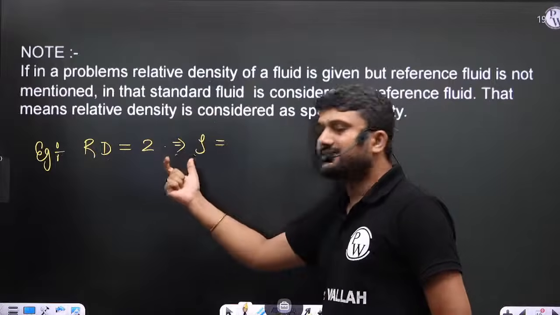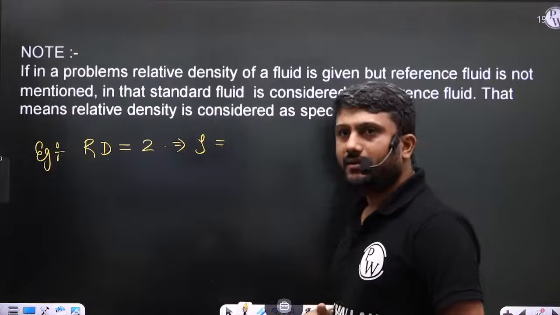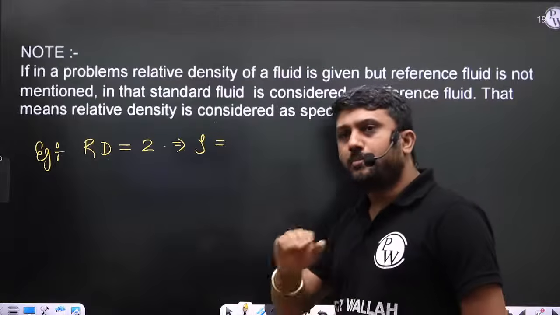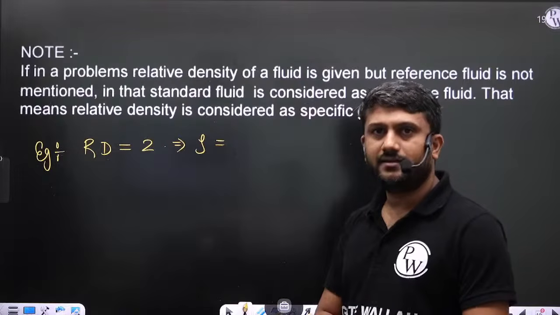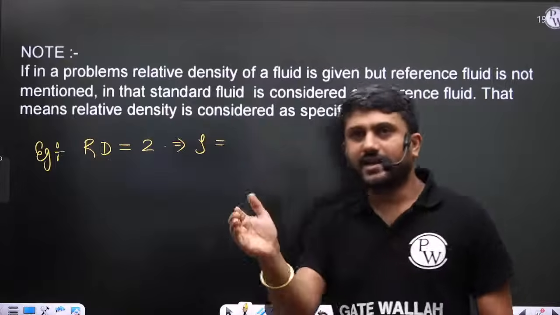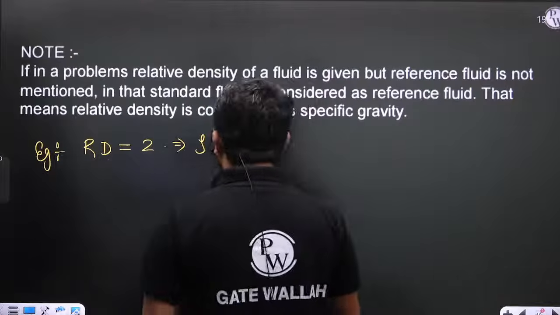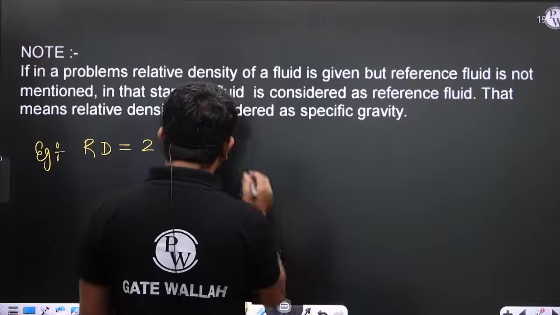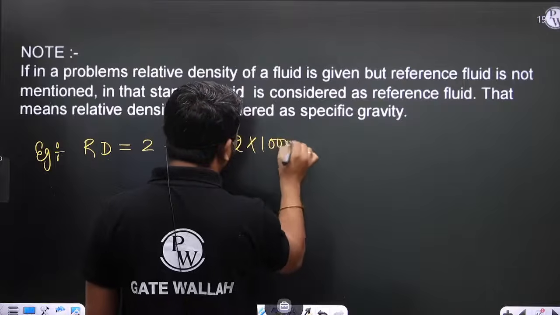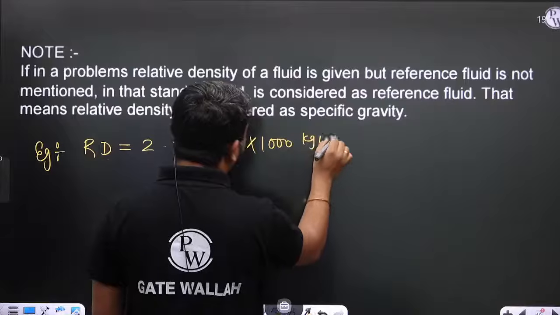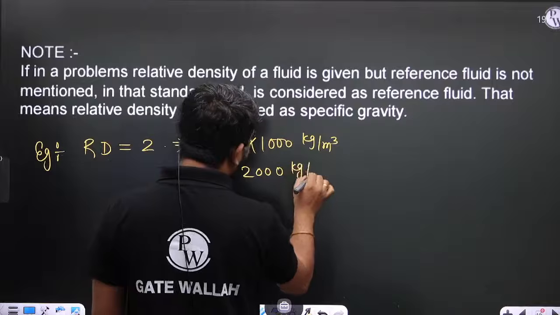In this case, the reference fluid is not mentioned, so by default the standard fluid is taken as a reference fluid. So in this case, we can easily find out the density. So this is 2 multiplied by 1000 kg per meter cube. So this is equal to 2000 kg per meter cube.